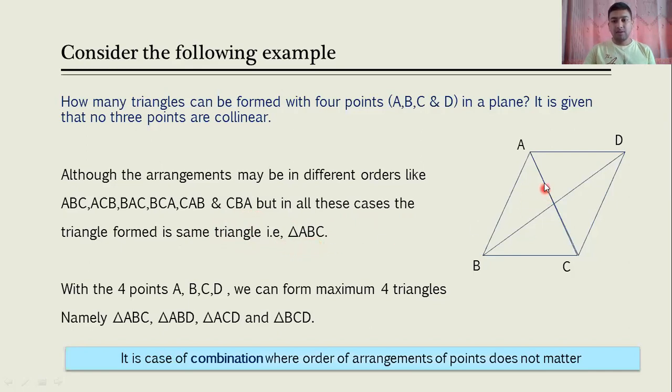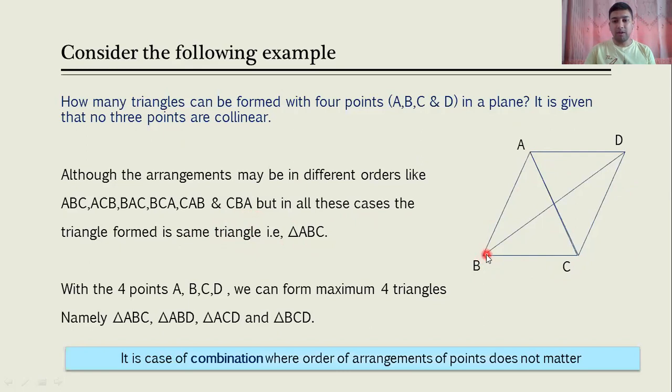See here, if you consider points A, B, C, first what geometry do we have to form? We have to form a triangle. A triangle has three sides and three corners. Now this triangle can be called ABC, or ACB.